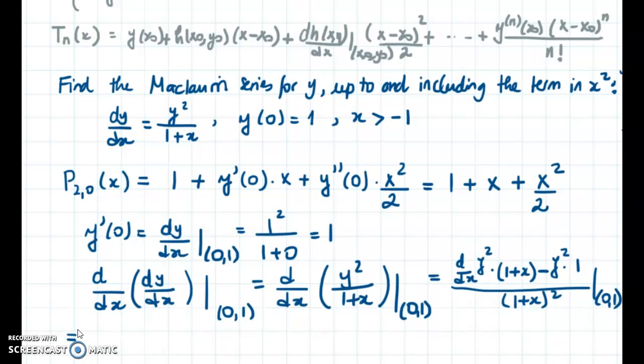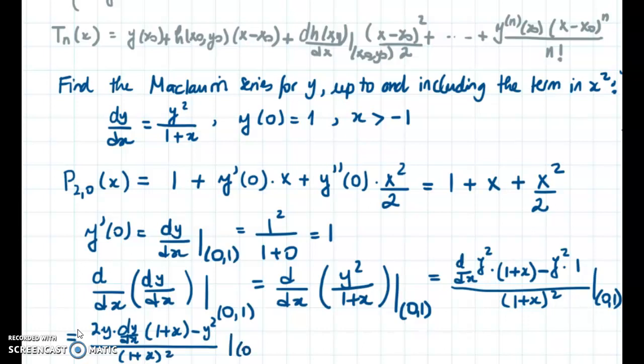We are applying the chain rule over here: 2 times y times the derivative of y with respect to x. That's the result of applying the chain rule to y squared when we take the derivative with respect to x, times 1 plus x, minus y squared, and all of this divided by (1 plus x) squared.